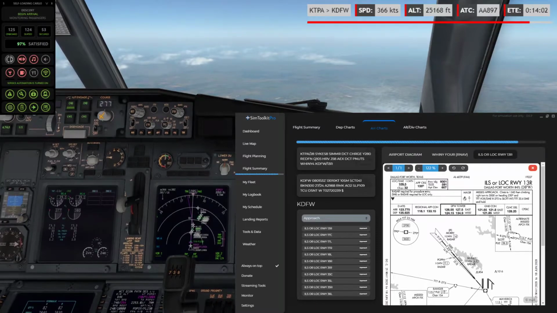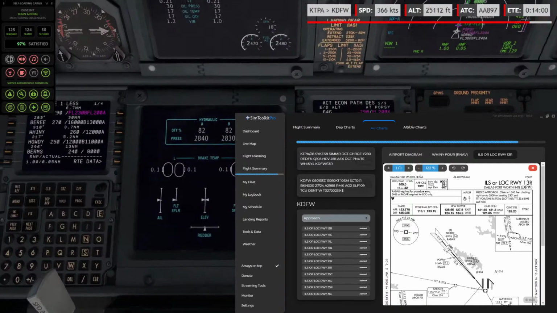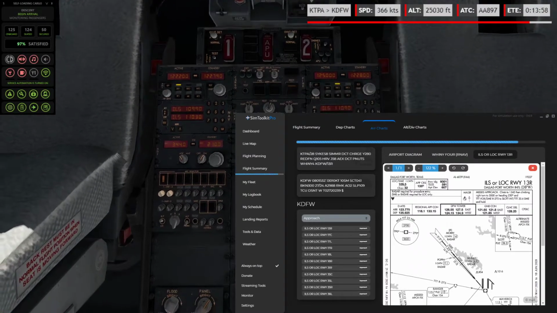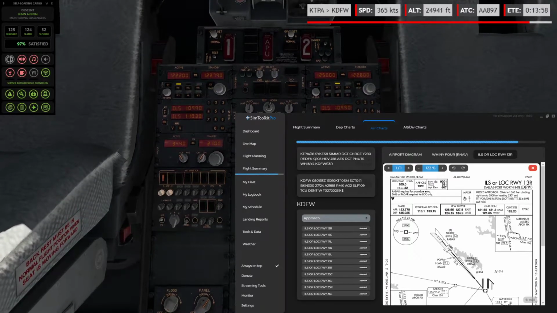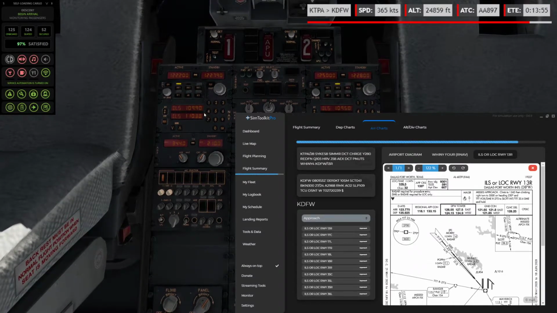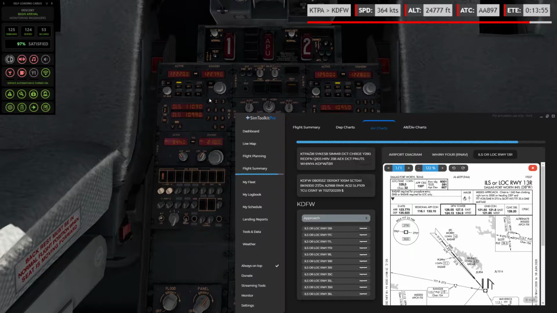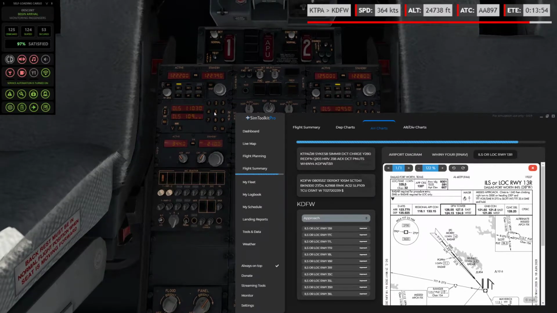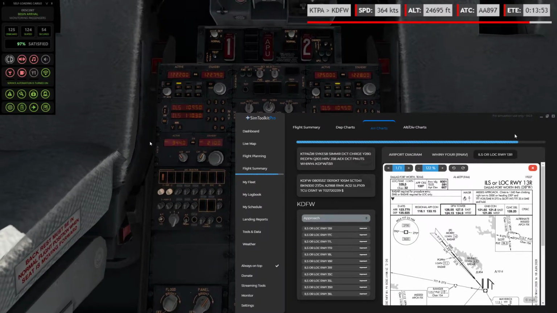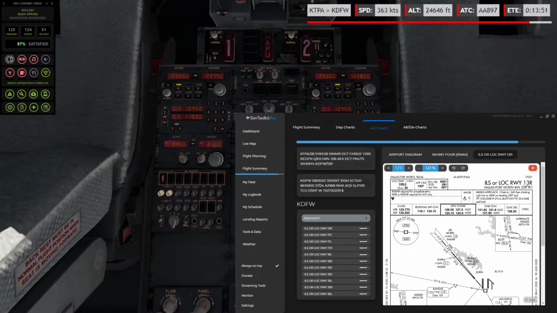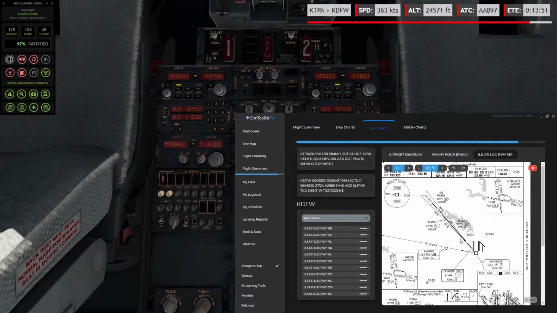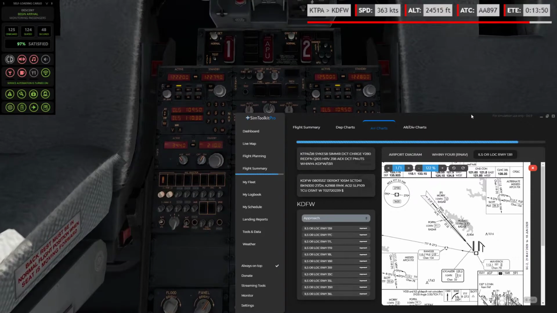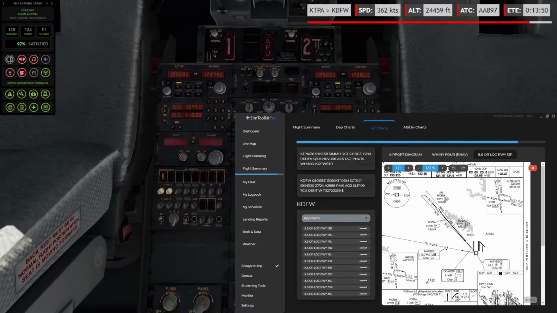So localizer is 109.5. So let's go over here, 109.5 and 109.5. Set. We do not need the ADF, so we can turn that off.